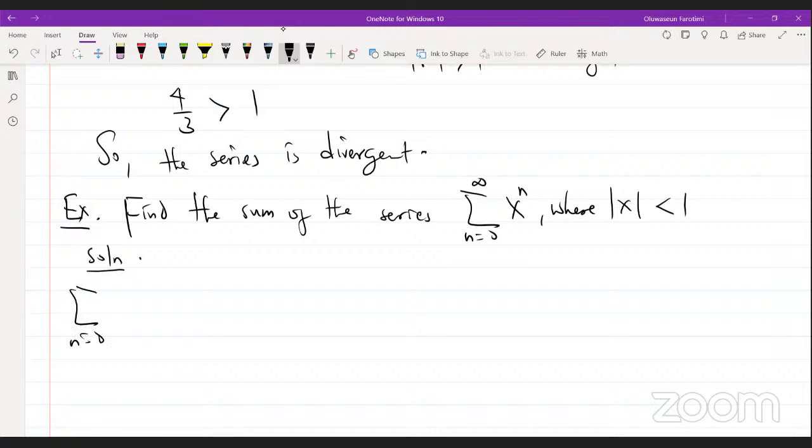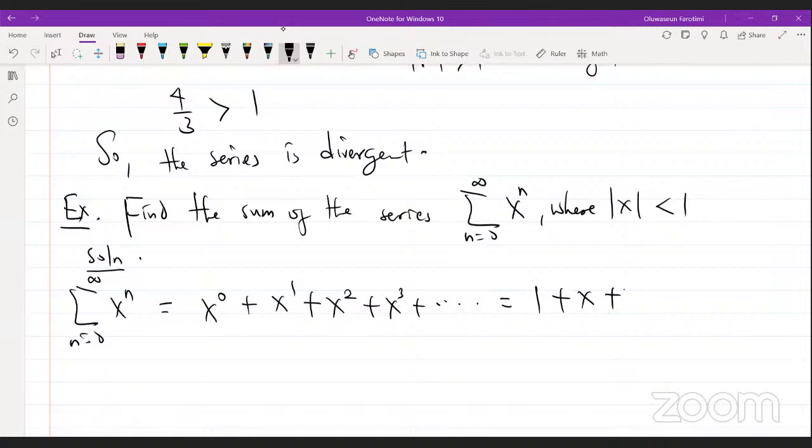I know that this series, if I start from 0, when n is 0, you have x to the power of 0 plus x to the power of 1 plus x to the power of 2 plus x to the power of 3. You keep going, right? But what is x to the power of 0? It's 1. 1 plus x squared plus x cubed, on and on.